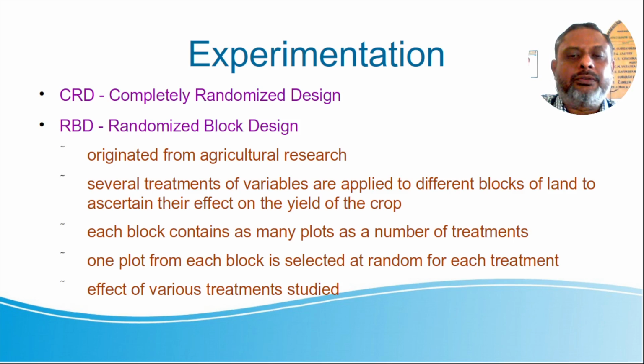So the first thing you need to know is which type of crop the land is good for. So one experiment is done on the blocks. In each block, a different crop is tried to grow, and then we decide which crop is better for that particular land.